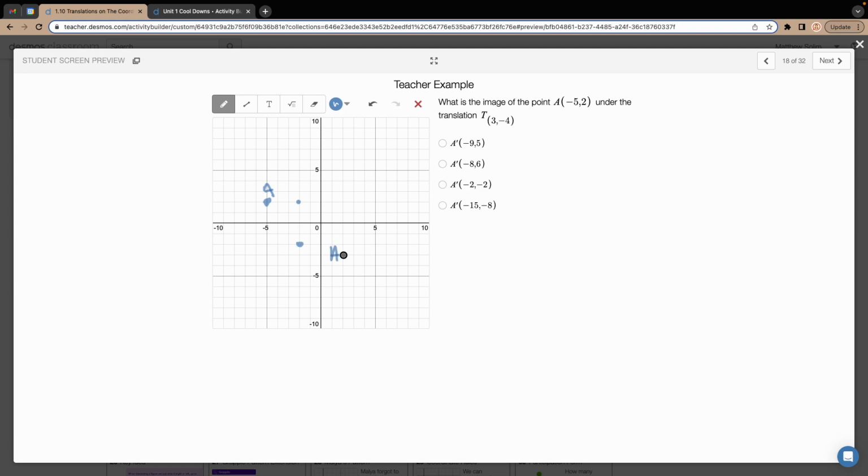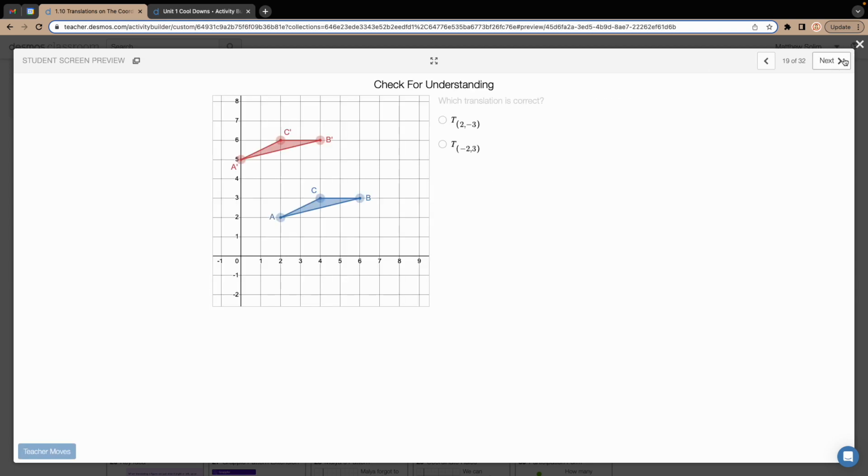So this is A prime, which is at negative 2, comma negative 2. So this would be the answer for this one. That's where A prime moves to. It went right 3, it went down 4. We just count those numbers. It's pretty easy once you realize what that stands for. Just remember the x value is the first one, and how far to move it in the y direction is the second one. X, comma, y, just like a point.